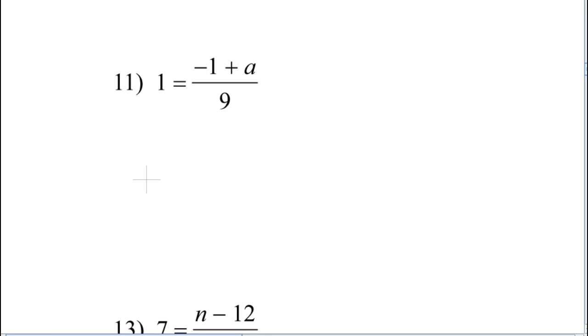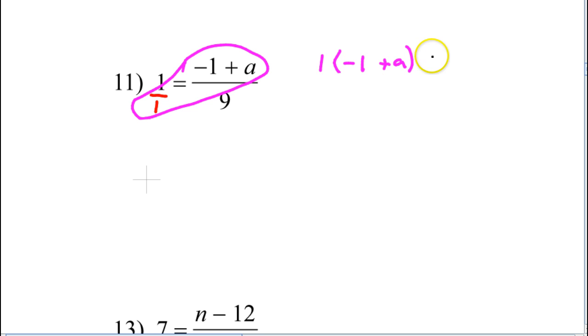Okay, so when you get to the back, it just looks a little different, but we have some addition or subtraction on one of the parts. You guys know that 1 is the same as 1 over 1, right? So we can still set it up and do the same process. We have 1 times negative 1 plus a equals 1 times 9.